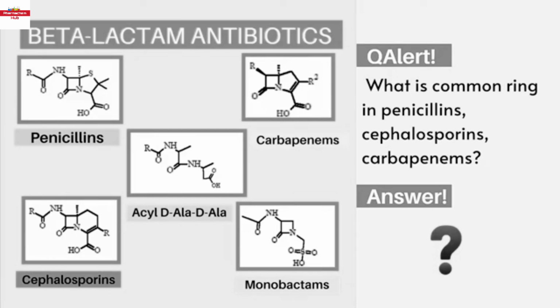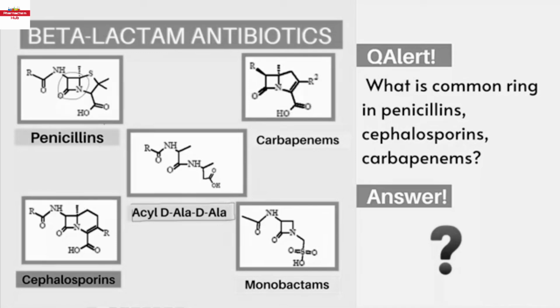So there are huge exam tips here. There is something common in the cell wall. The bacterial cell wall has this piece that is called acyl D-ala. So this piece is present in the bacterial cell wall. Basically, all those beta-lactams. This four-member ring is called the beta-lactam ring.